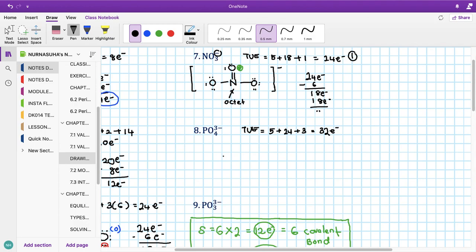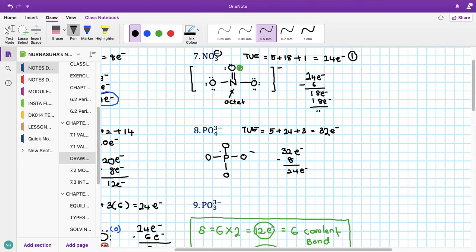So 32 electron. So we put phosphorus in the middle. Surrounded by oxygen atom. So 32 electron minus berapa tu? 8 lah. So the remaining is 24 electron.